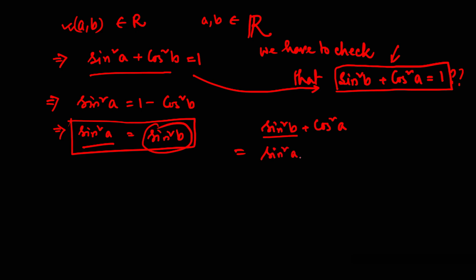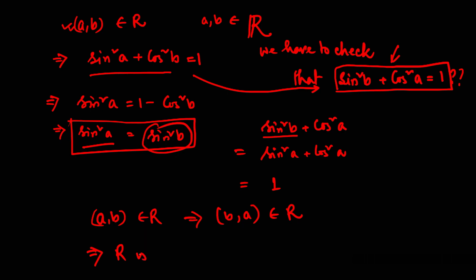So sin square a plus cos square a, that means 1. So we have seen that (a, b) belongs to R, and this implies that (b, a) also belongs to R, and that implies R is a symmetric relation.